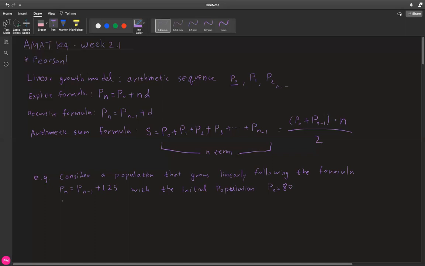So we have a population sequence that is defined by this formula.